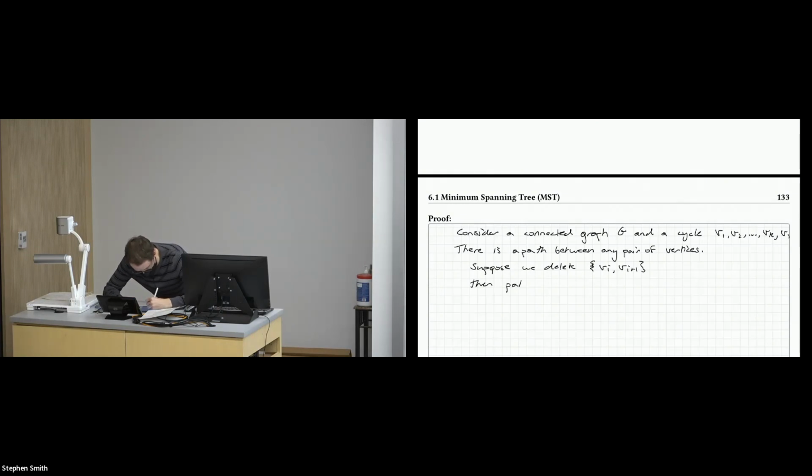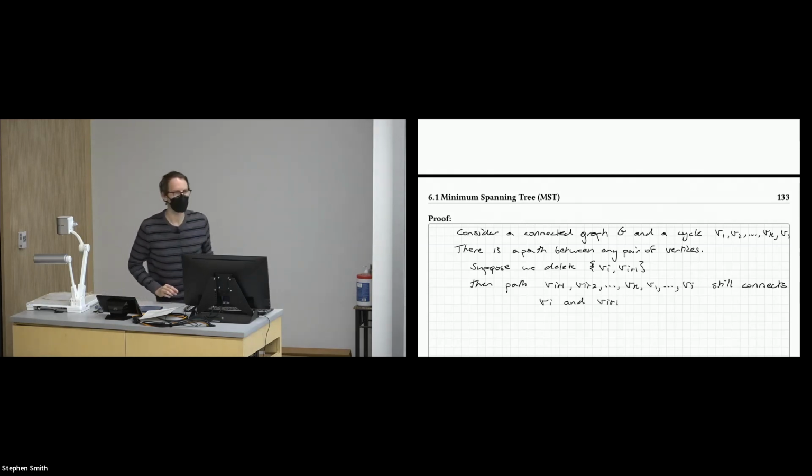Then the path that goes Vi plus 1, Vi plus 2, up to Vk, V1, up to Vi, still connects Vi and Vi plus 1.